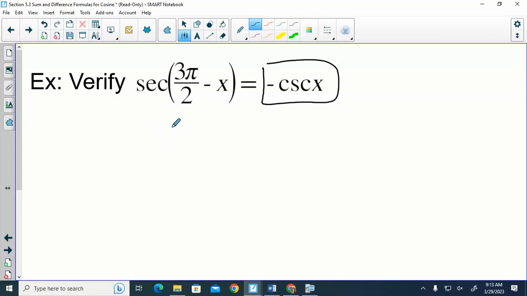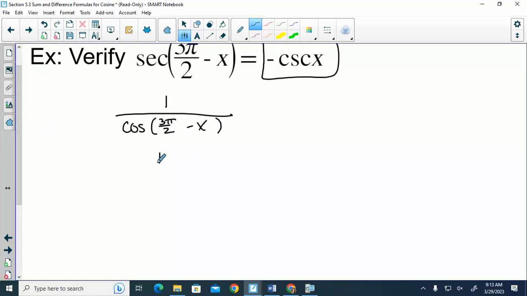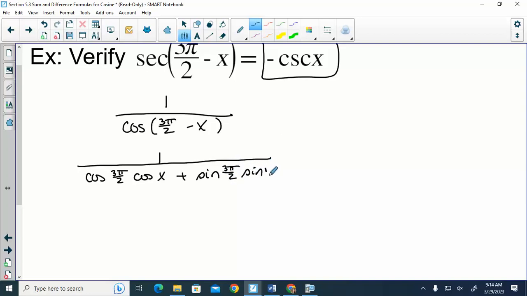No. But we know secant is the same as 1 over cosine. So we're going to do the cosine of a minus b on the bottom. So that's cosine a, cosine b, sine a, sine b.